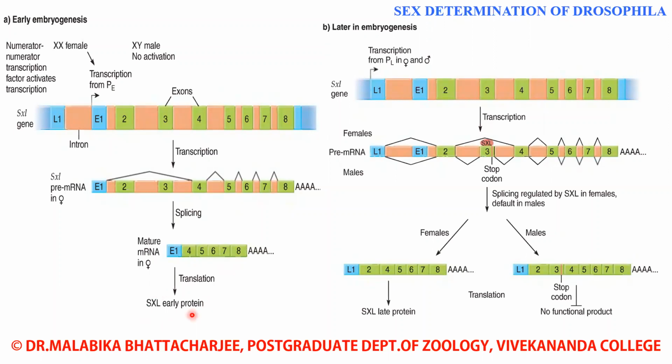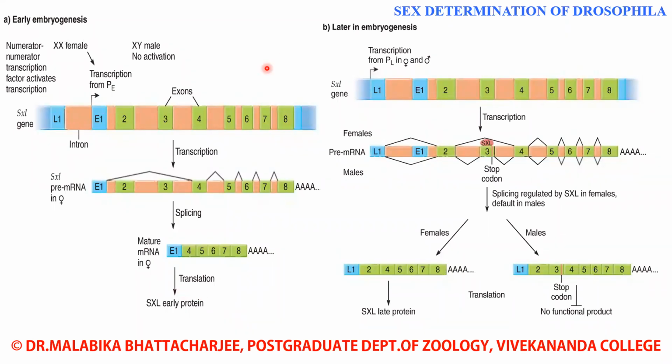Now mind it, this happens only in females in the presence of the numerator dimer transcription factor. Okay, so this was the female cascade. In case of female, since there is a sisterless transcription factor, it can bind with the early promoter and produce the SXL early protein.